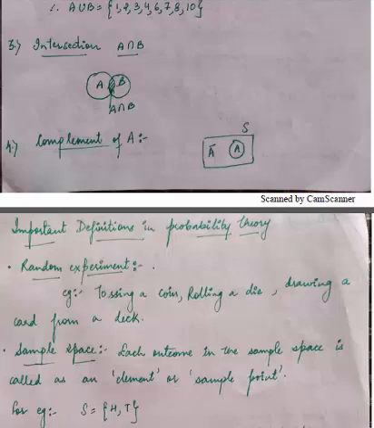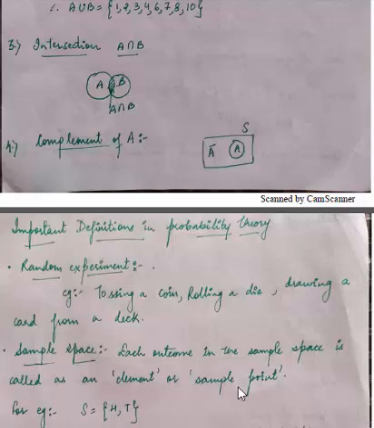Second is sample space. Sample space is the set of possible outcomes of a random experiment. So sample space is defined as a collection of all possible separately identifiable outcomes of a random experiment. Each outcome in the sample space is called an element or sample point.